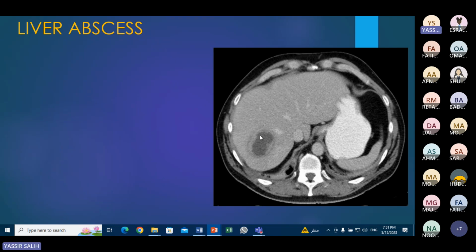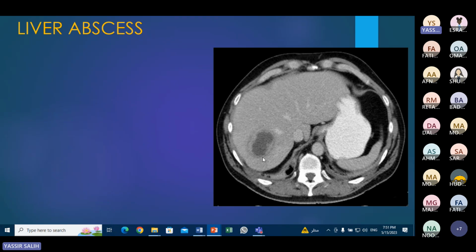Describe this abnormal area in CT terminology. Hypodense. Yes, hypodense.